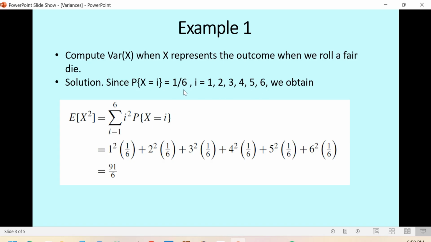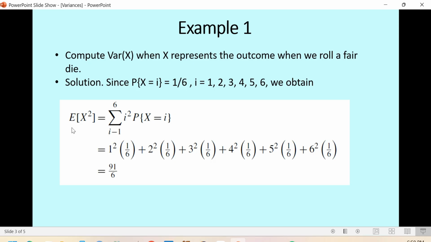So each one has a 1 in 6 chance of being obtained. Then we want to calculate this random number's variance, using the second approach.